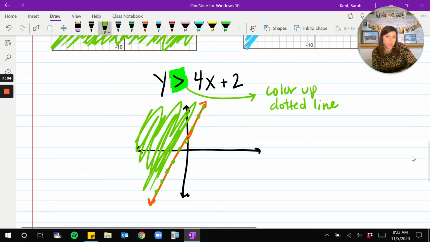So this is what your practice will look like. Again, you will just look at the symbol and say, okay, do I color up? Do I color down? Do I have a dotted line or a solid line? All right, so go ahead and take a look at the practice and let me know if you have any questions.